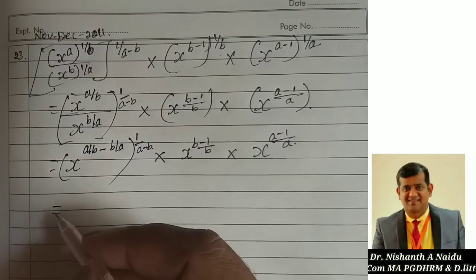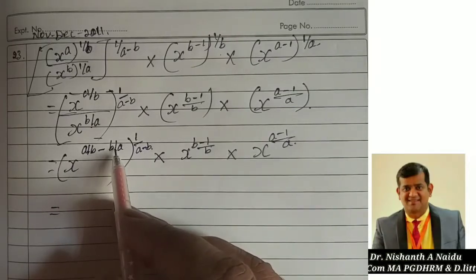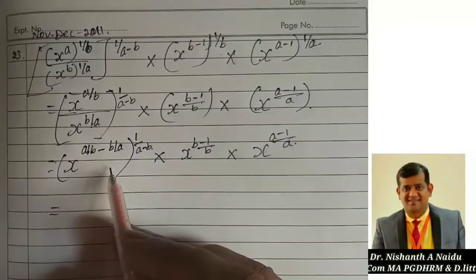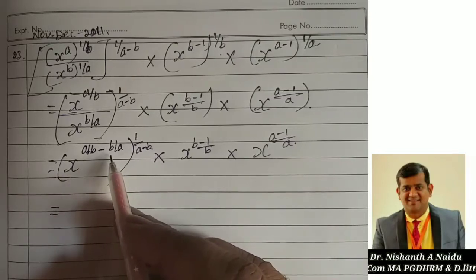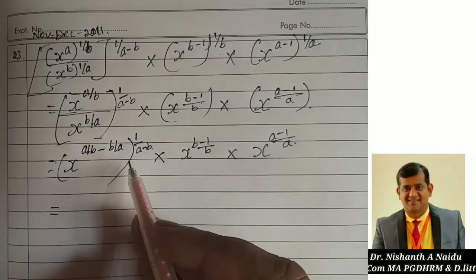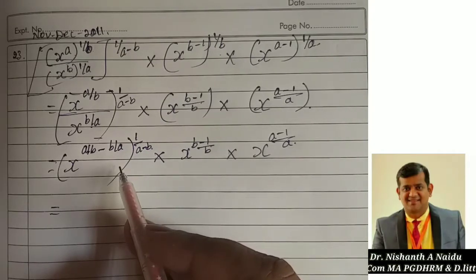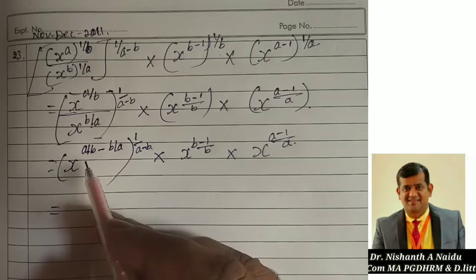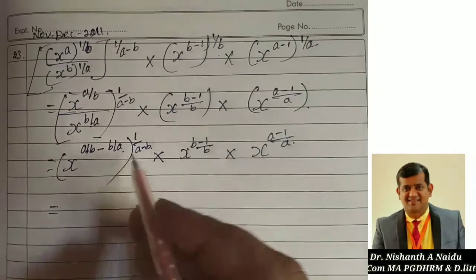Okay, so now in the next step, what we can do is the cross multiplication, that is a into a square, b into b square, divided by ab, so that we can do. Or what we can do is a plus b minus a minus b divided by ab. That also we can do. First we'll cross multiply.